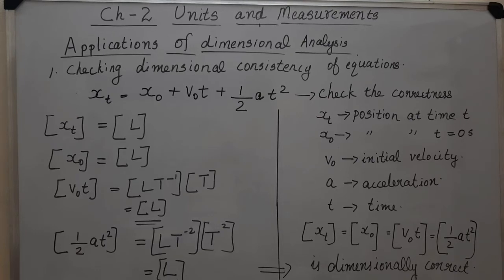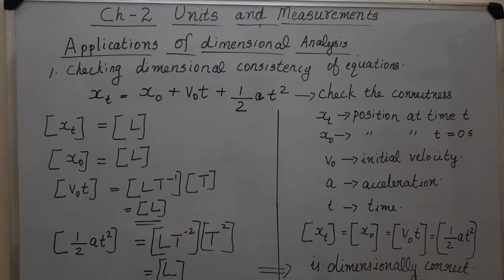If an equation is dimensionally wrong, that equation is wrong forever. But if an equation is dimensionally correct, we cannot say that it will be physically correct. So all dimensionally correct equations need not be physically correct, but all dimensionally wrong equations are physically wrong.